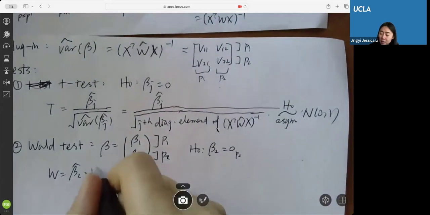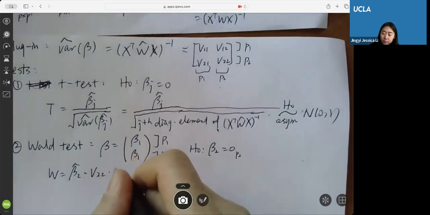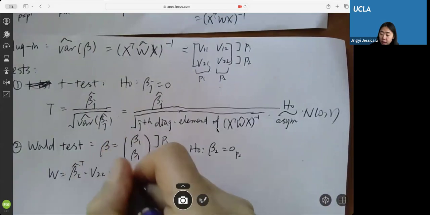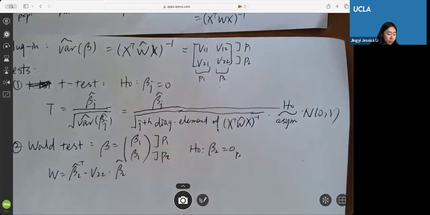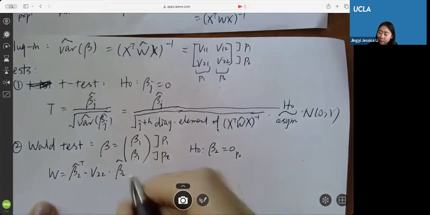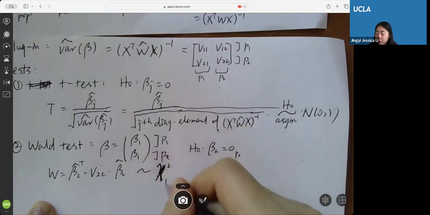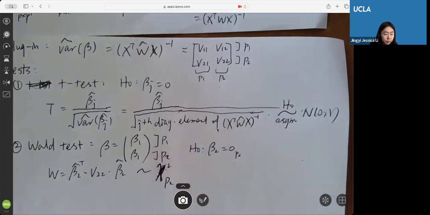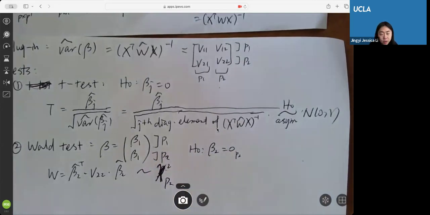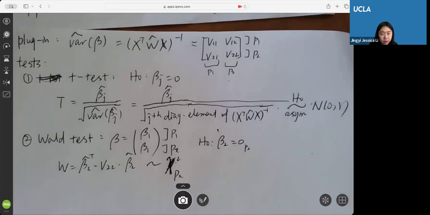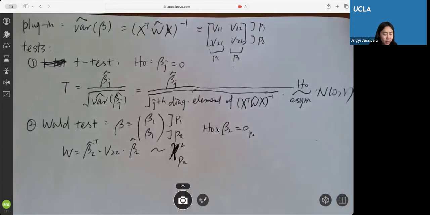We put that here, V22 times beta 2 hat. This is a scalar. And so this Wald statistic would follow a chi-square distribution with p2 degrees of freedom, because here we are adding p2 variables to our model, and we want to see whether they should be there.